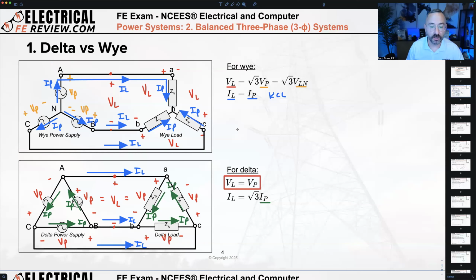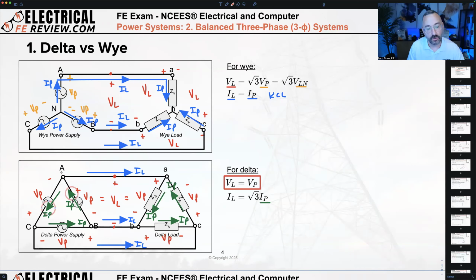No longer true for the delta connection. If I look at my A line current on my A phase conductor from capital A at my delta connected power supply to my lowercase a at my delta connected load, I've got a phase current entering this node right here, and then I also have a phase current leaving that node.